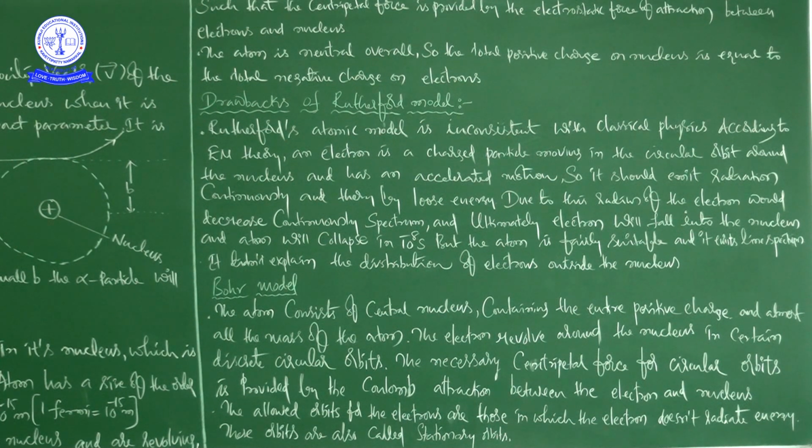See here, Bohr model. The atom consists of a central nucleus containing the entire positive charge and almost all the mass of the atom.